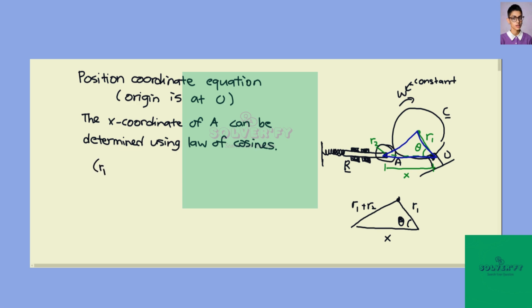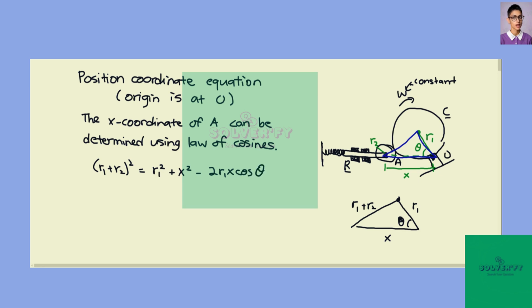The law of cosines says that (R1 plus R2) squared will be equal to R1 squared plus x squared minus 2 R1 x cosine theta.